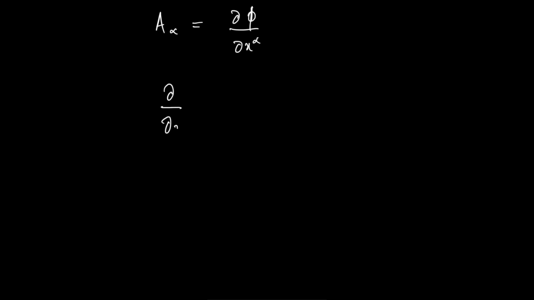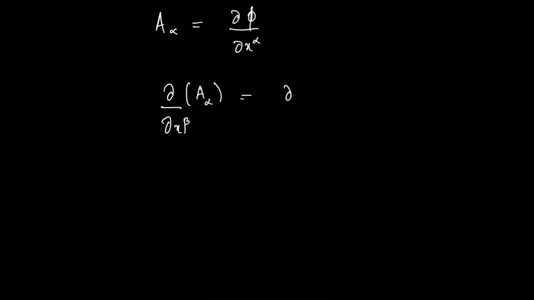Okay, so let's check. So let A alpha be the gradient of a scalar function. That is, I can write A alpha is equal to gradient of a scalar function phi. Then the derivative of A alpha with respect to x beta. Now I am going to take the derivative of A alpha with respect to x beta.